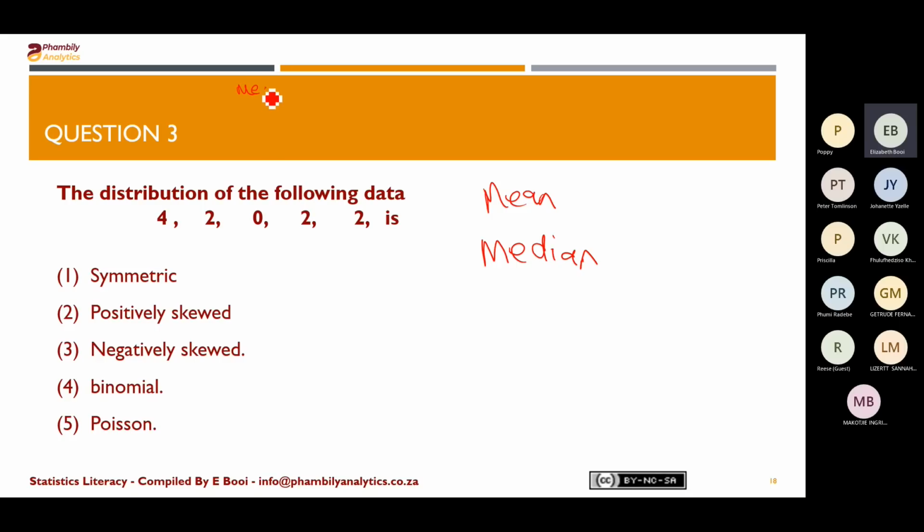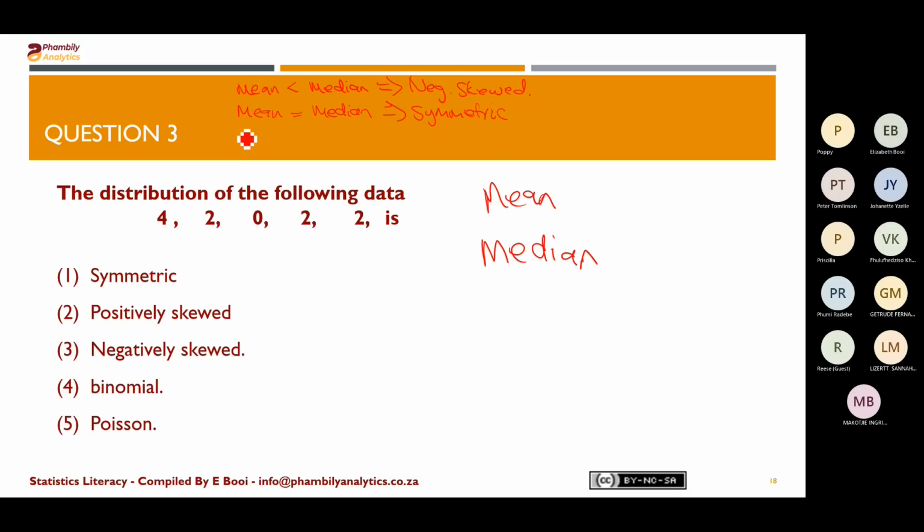If the mean is less than the median, then we say it is negatively skewed. If the mean is equal to the median, we say it is symmetric.